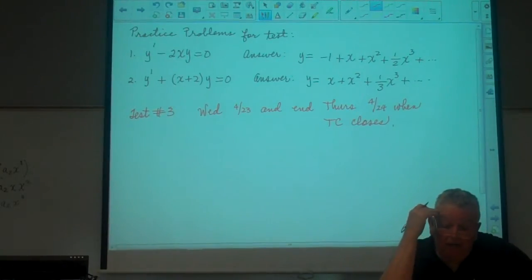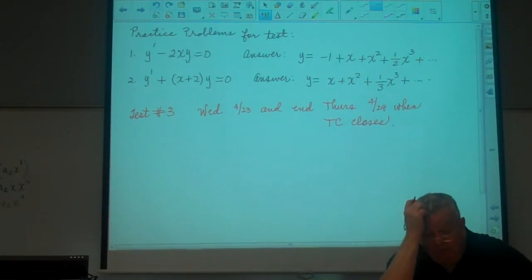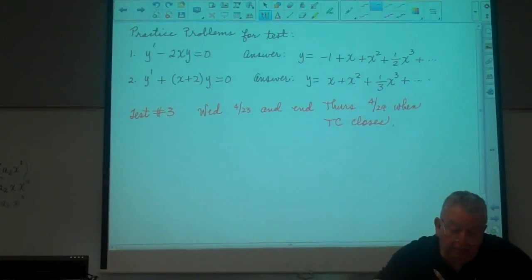So I have 2 linear problems. I have you create one series, and I have you solve one series with a power series. I'm going to put a 6th problem on it that is a second Taylor series.